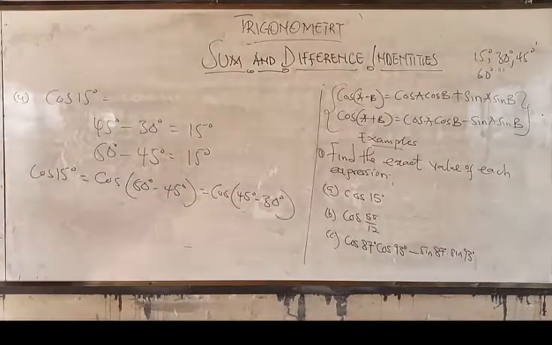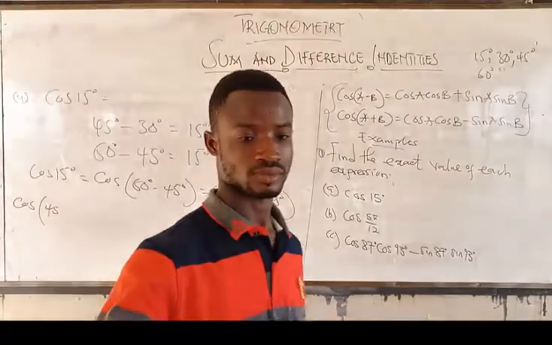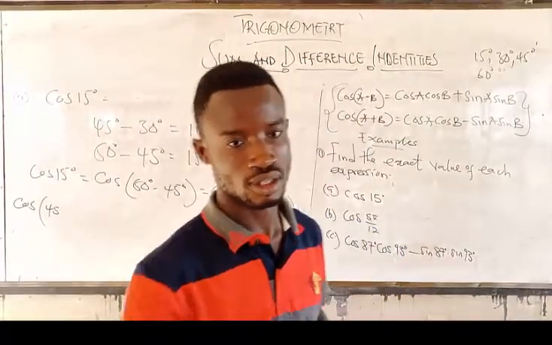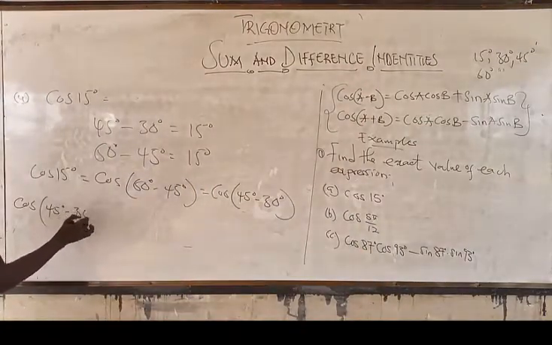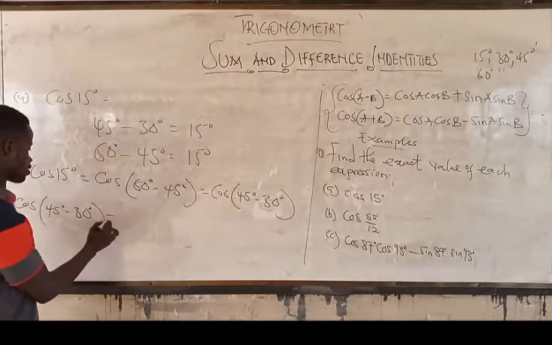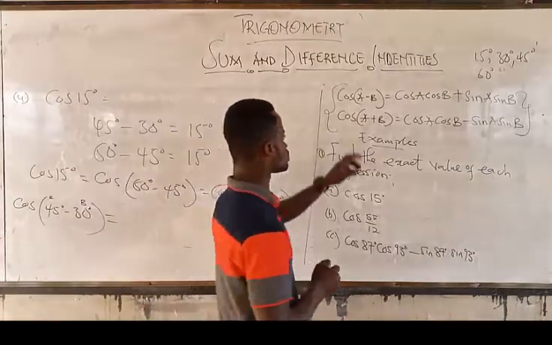I hope you can see that. Let's use cos of 45 degrees minus 30 degrees. Here, this represents our A and this represents our B.